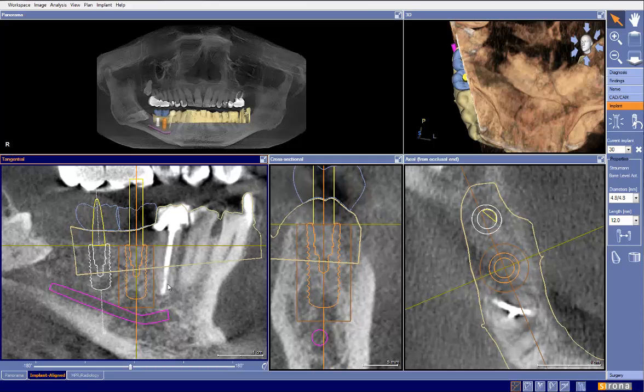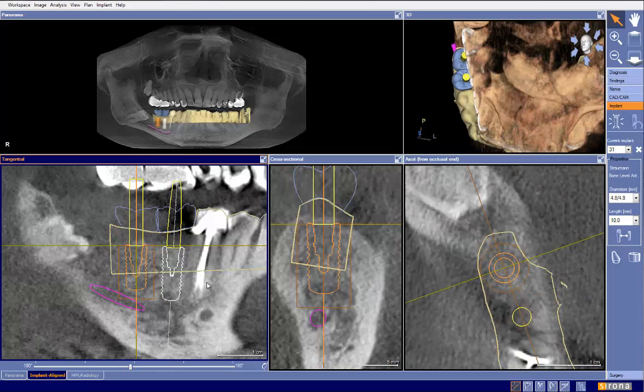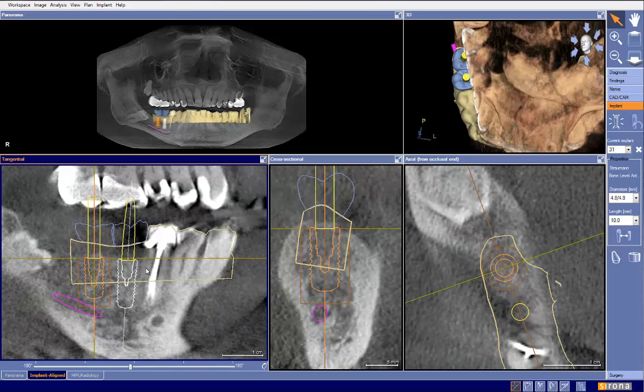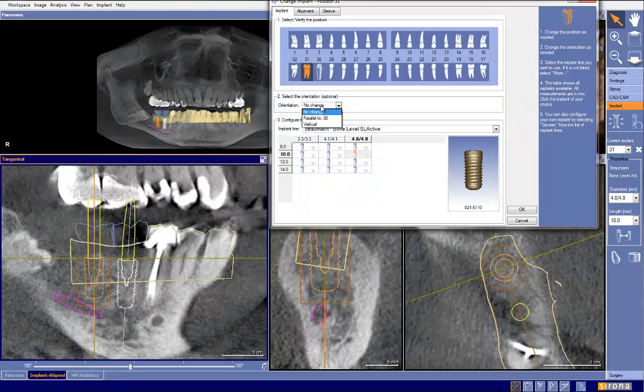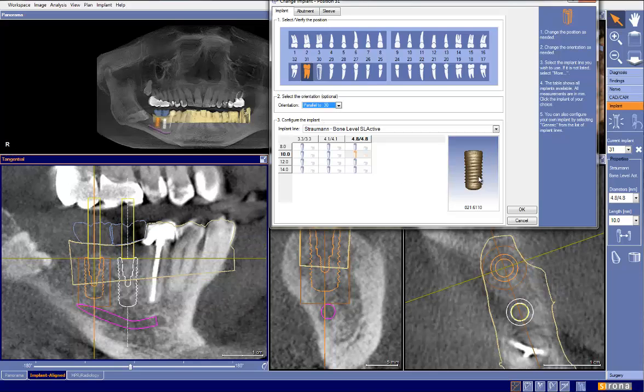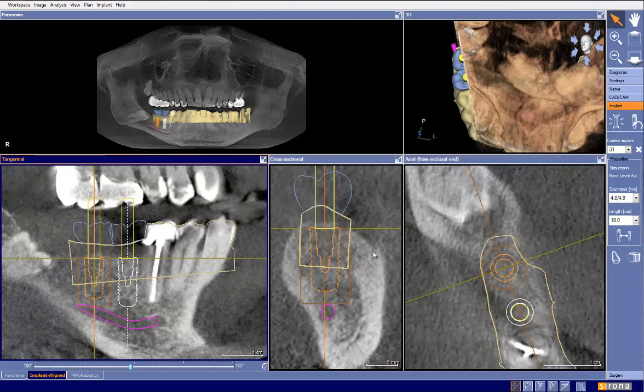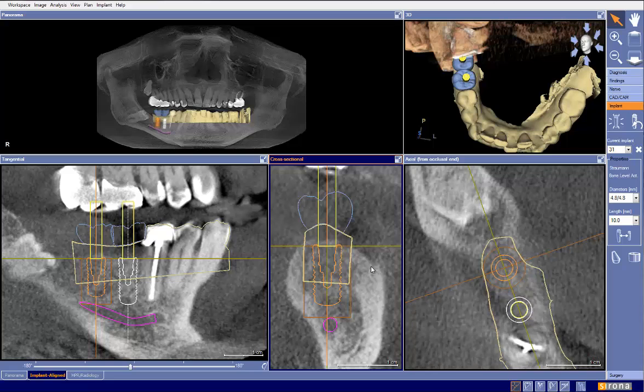And the first thing I'm already noticing on number 31 is that it's tilted away to the distal. I believe that this definitely needs to be parallel to number 30. So what I would do here is go over here to change implant, and on my orientation I would make it parallel to 30. And then now we can take a closer look. And when I say parallel, I mean certainly in this direction, and the tilt buccal lingually.